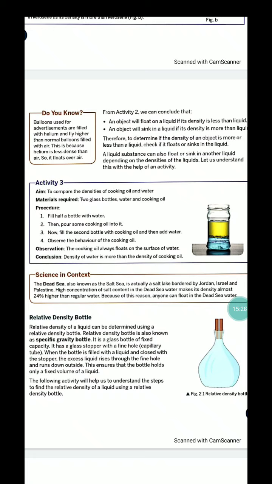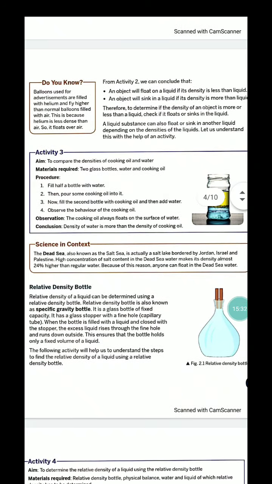Here comes science in context. The Dead Sea is also known as the Salt Sea. It is actually a salt lake bordered by Jordan, Israel and Palestine. The high concentration of salt content in Dead Sea water makes its density almost 24% higher than regular water. Because of this, anyone can float in the Dead Sea water.